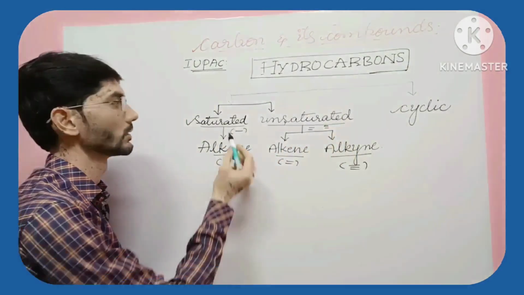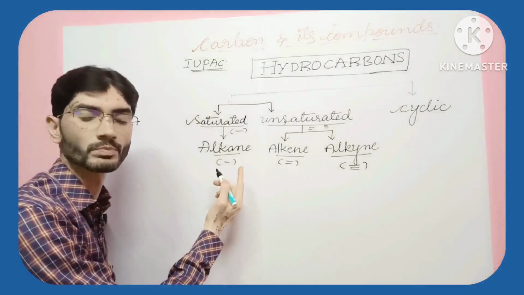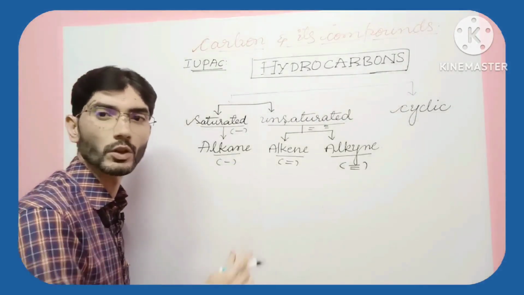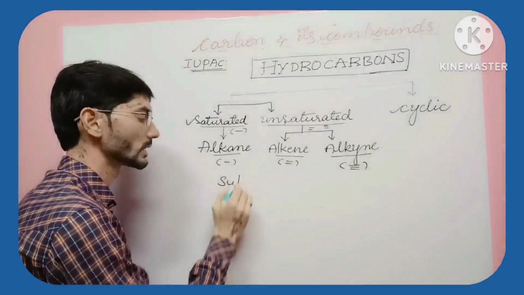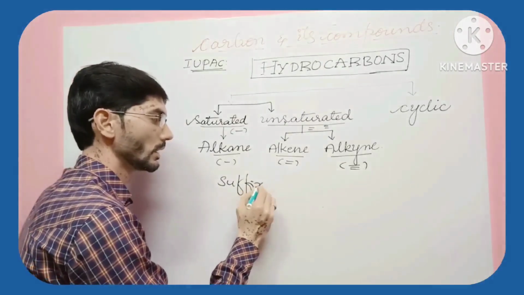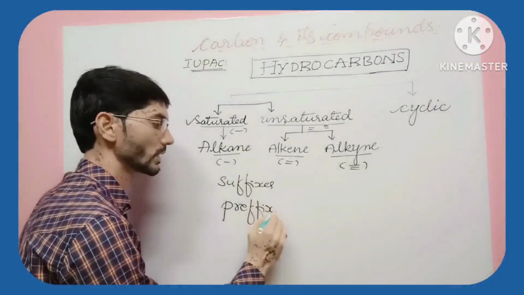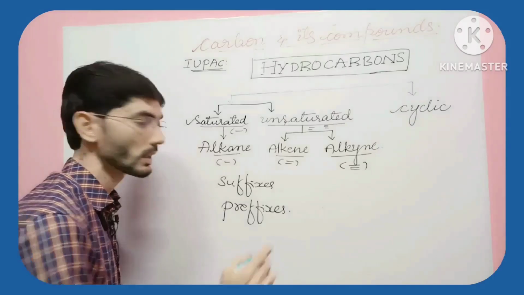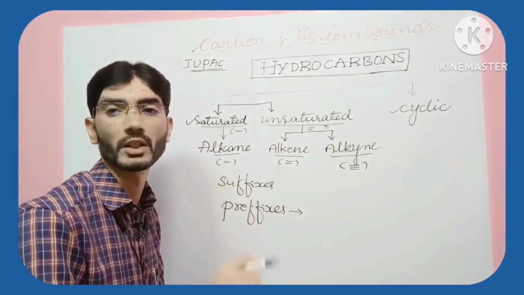Now let's come back. Saturated: alkane family. First let's see the alkane family. Before going to that, we need to know a few suffixes as well as prefixes. You know very well, prefixes means the word which we attach first.